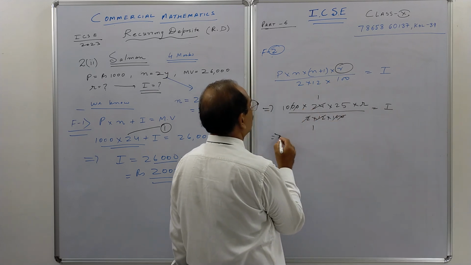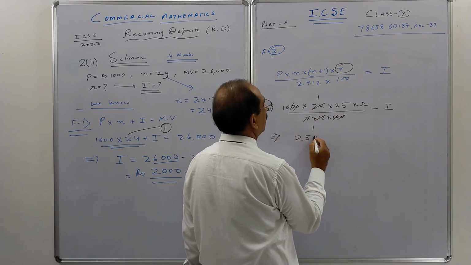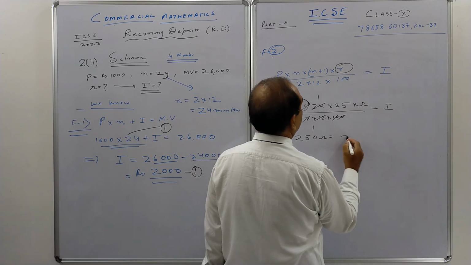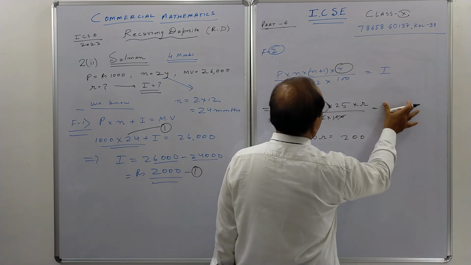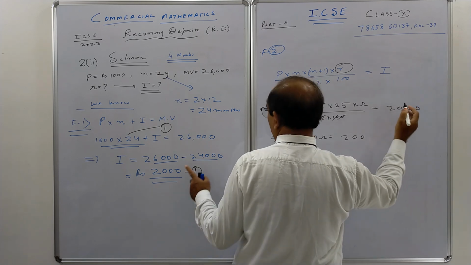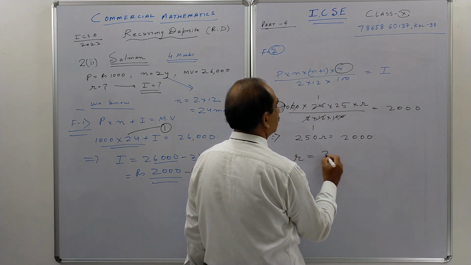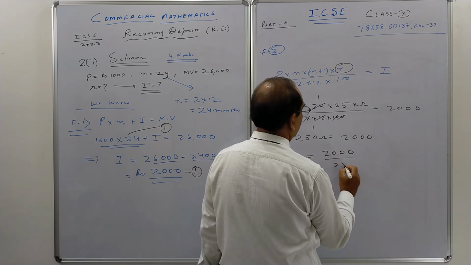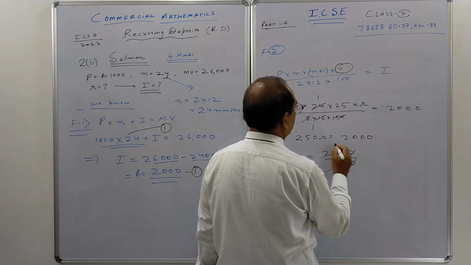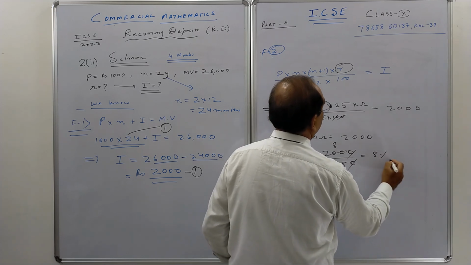Then we get 250 R is 2000, because the interest is 2000. So the rate of interest is 2000 by 250, cancel the 0s, 25 8s are 200, so we get 8%.